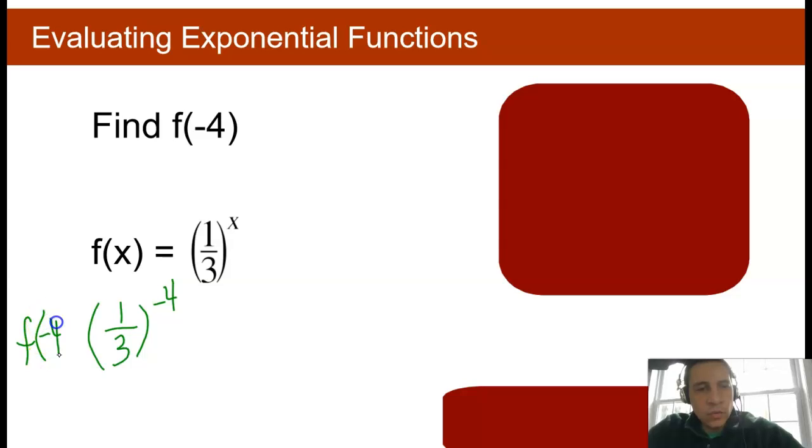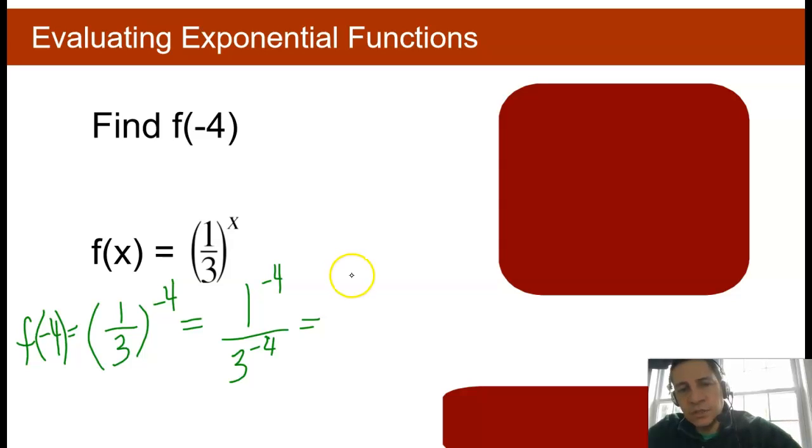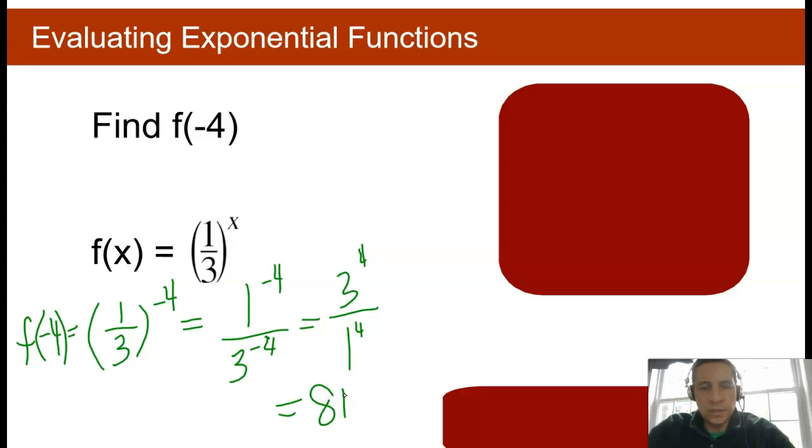If you recall, we know that we could write this as 1 to the negative 4th over 3 to the negative 4th. If I want to rewrite this without negative exponents, which I absolutely do, this is 3 to the 4th over 1 to the 4th, which, when we simplify this, is just equal to 81. So 1/3 to the negative 4th power is just 81.